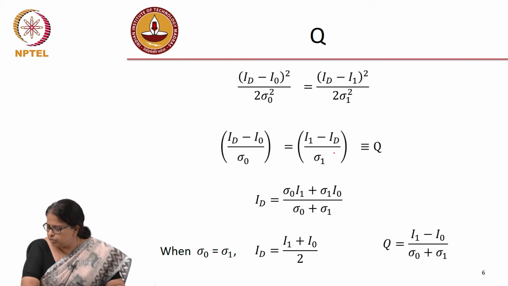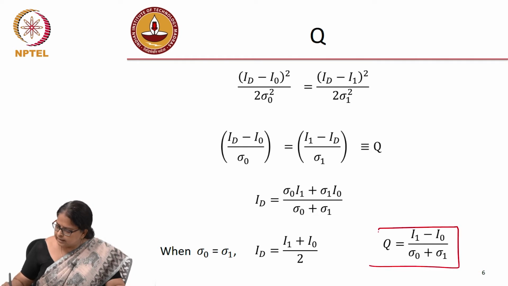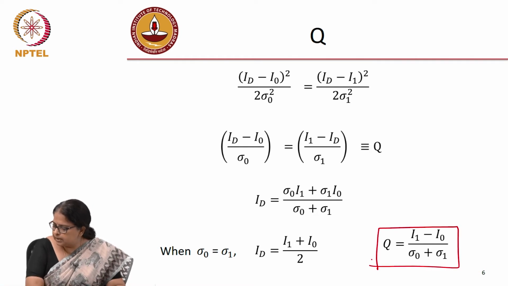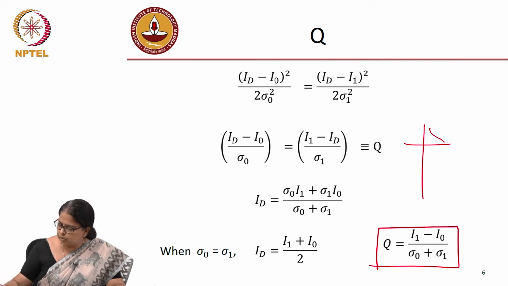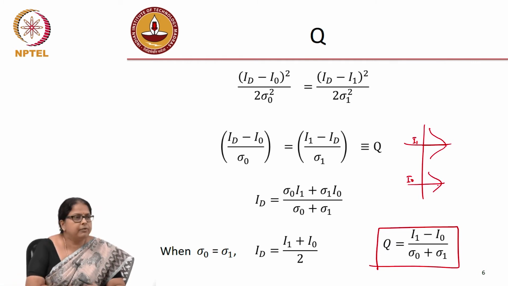So, you define Q in that case as (I1 minus I naught) by (sigma naught plus sigma 1), where I1 is the current corresponding to the peak of the probability for detection of 1, and I naught is the current corresponding to the peak of the probability of detection of 0.